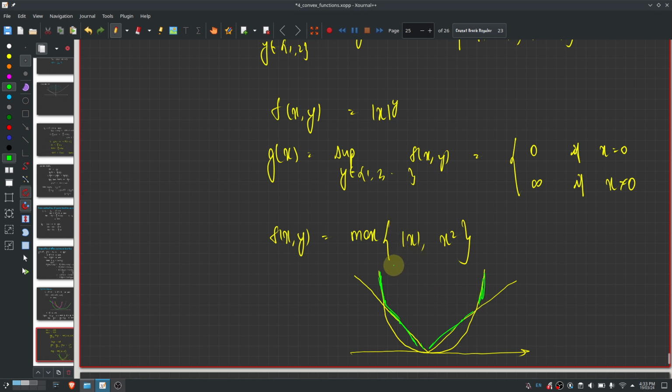For every single x, it's either equal to f of x comma 1 or f of x comma 2. Correct? So the maximum is achieved. Whereas in this particular example, this is not equal to f of x comma y for any y. That's the only point that I'm trying to make.